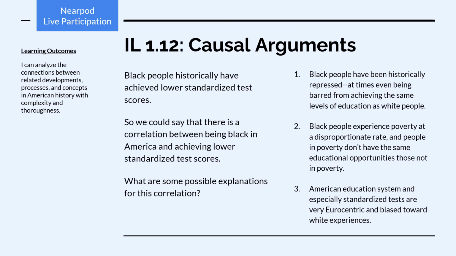You have to work your job. Thirdly, the American educational system has been proven to be very Eurocentric and biased toward white experiences. All of these explanations have much more merit to explain the correlation between being black in America and achieving lower test scores than some sort of specious argument about blackness having some genetic difference.